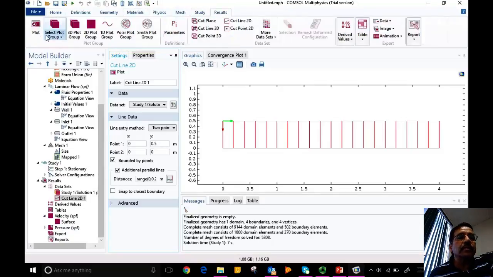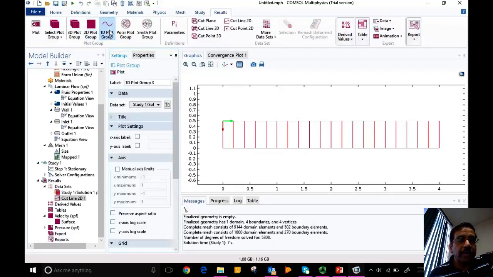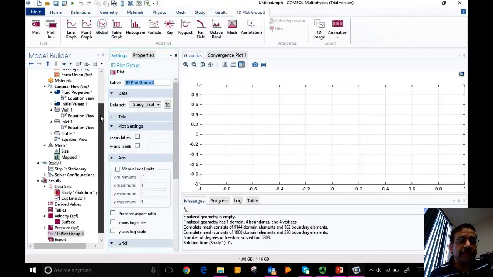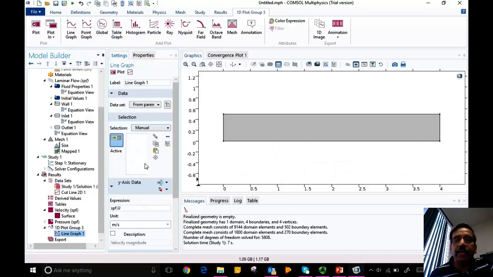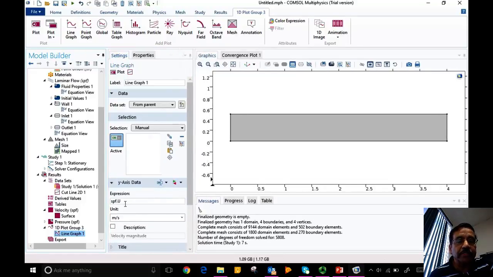Results. 1D line plot. Okay, you select that, and then right click, and then line graph, and in the line graph you select which variable you want to plot. So by default it's U, so just plot that.